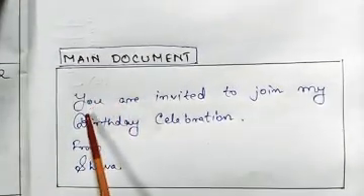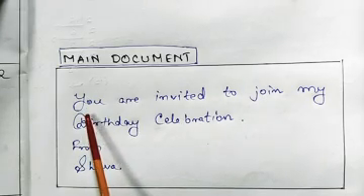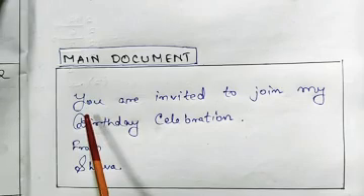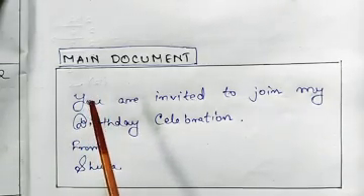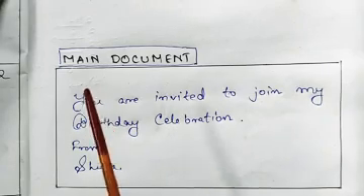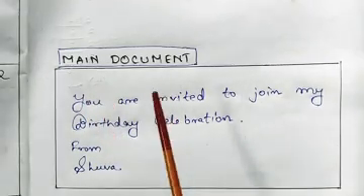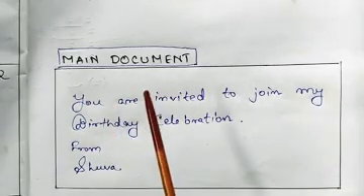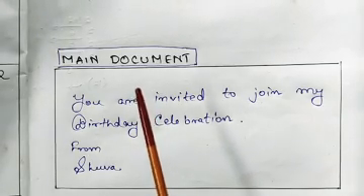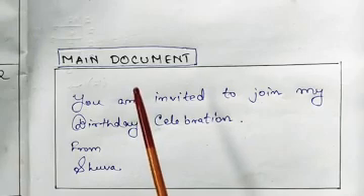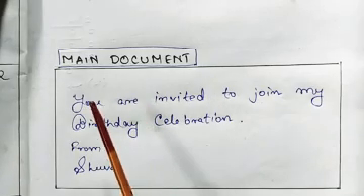So if I wish to send an invitation letter to more than one person, I will use this mail merge process, where I have to create two documents. One is the main document. The main document is the original letter that we are going to send to our friends or other people.